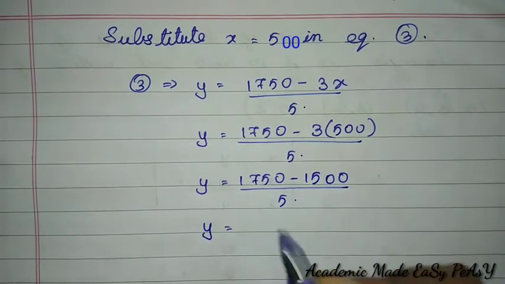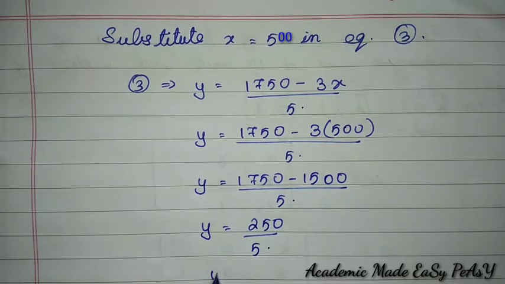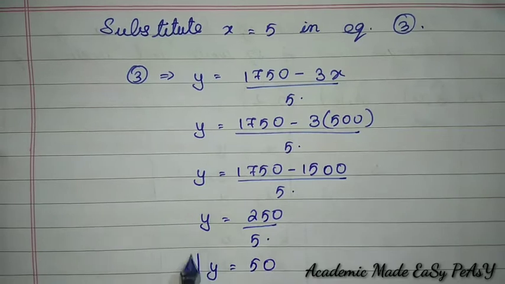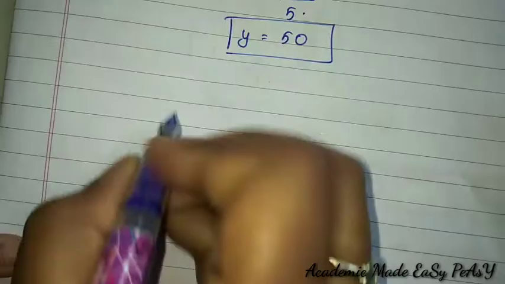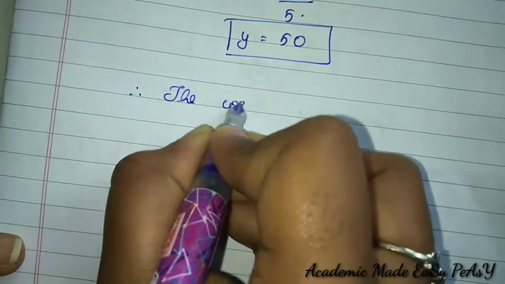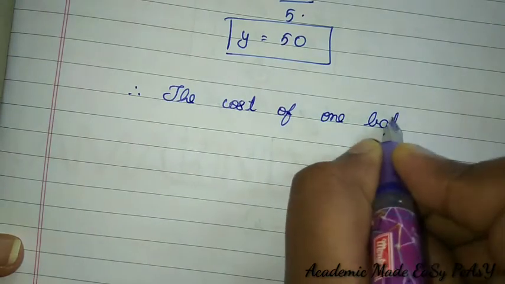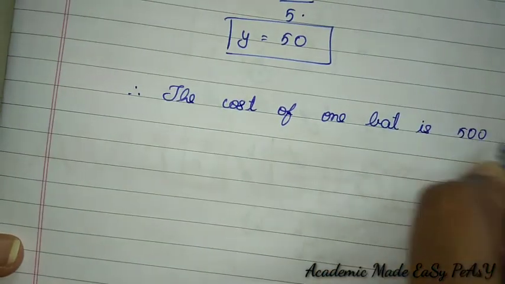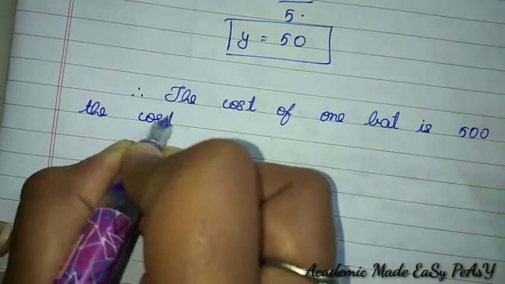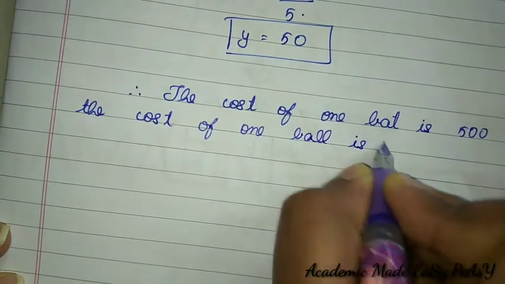So y is equal to 250 divided by 5. So y is equal to 50. Therefore we have found x and y. So we can conclude that the cost of one bat is 500 and the cost of one ball is 50.